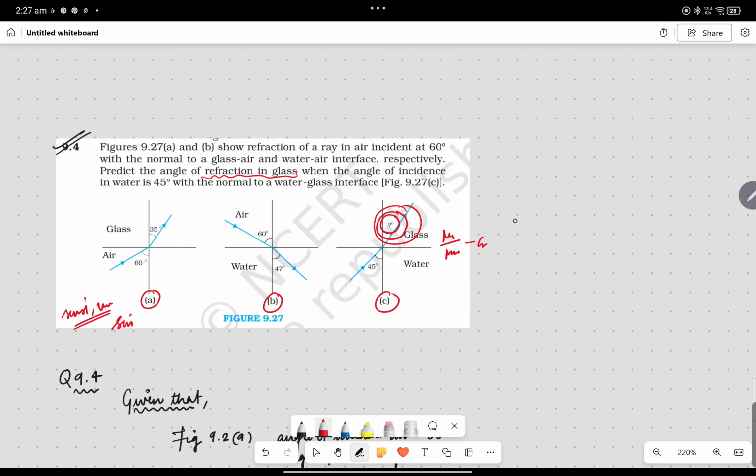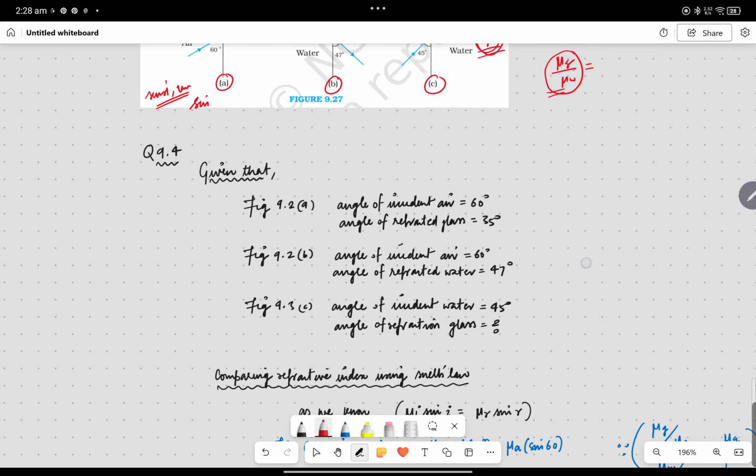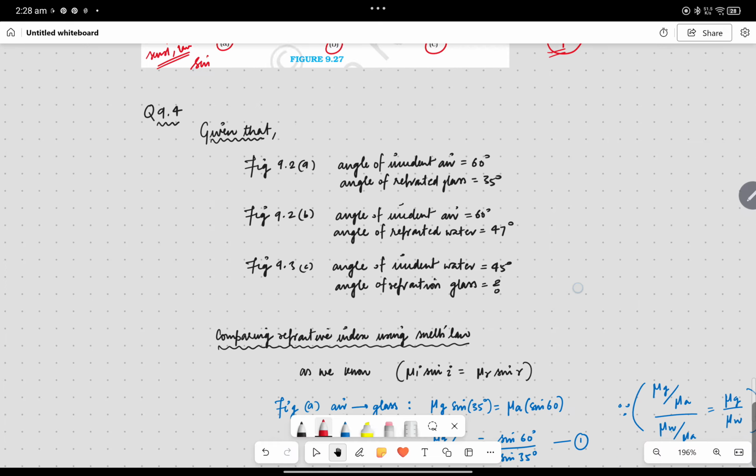In Snell's law we get mu glass by mu air, and in the other section we get mu air by mu water, that means mu water by mu air. If you divide those, you will get mu glass by mu water, and that is going to help in solving the question. Let's see how I have approached this and how you can also write this in your exam.